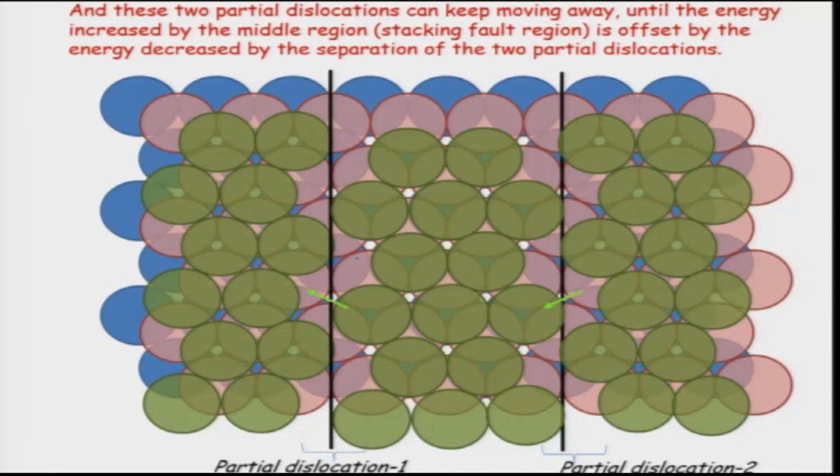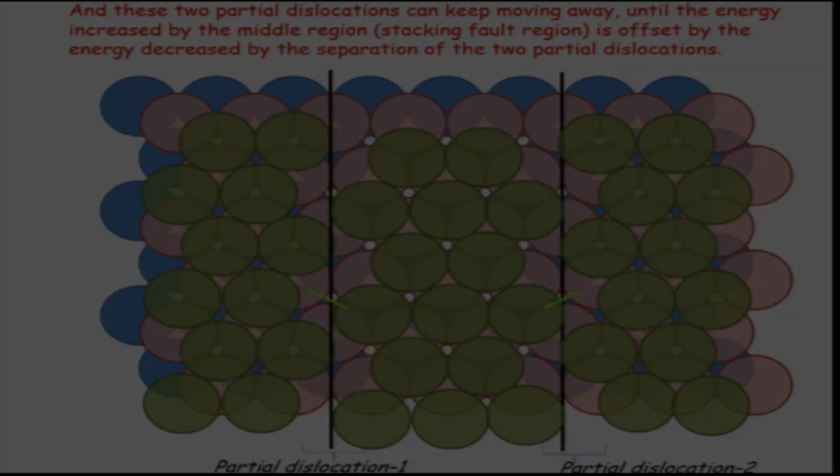Now, we see that because of these two extra half planes, they can move apart, and they can keep moving apart, and they will act as independent or partial dislocations. So, I will end this over here, and we will come back to the mathematics of understanding the stacking fault energy and the equilibrium stacking fault width of this dislocation. Okay, thanks.